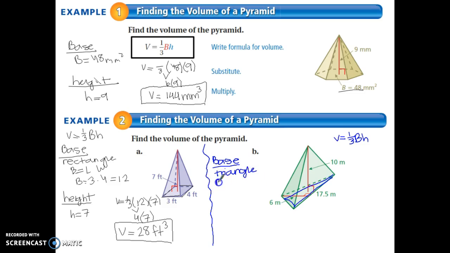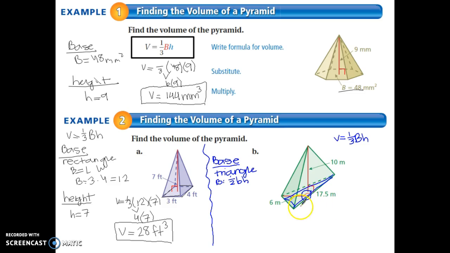The area of a triangle is 1/2 base times height. So capital B is going to equal 1/2 the base of the triangle, little b, times h. In my base, I need the base and the height of that triangle. Looking for where the two segments are perpendicular, or 90 degrees, I see that right here where that red box is.